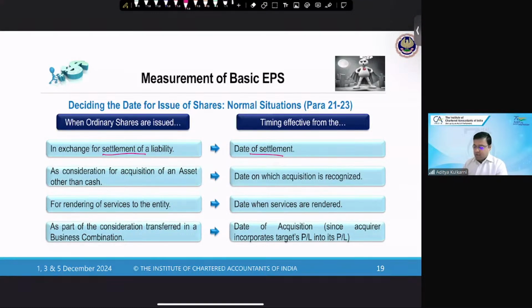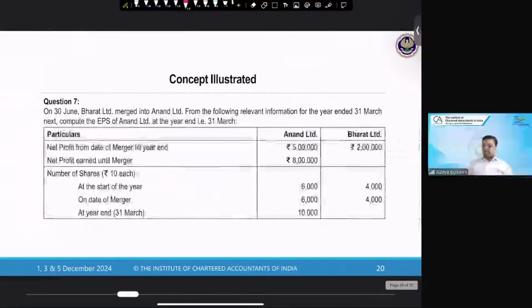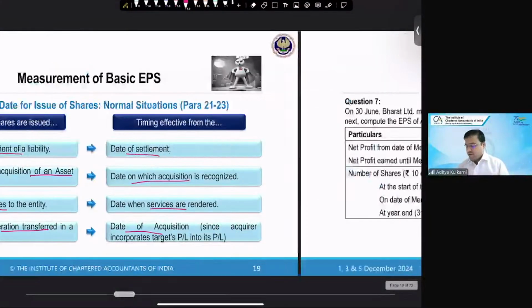Consideration for acquisition of an asset other than cash, you gave your own equity shares and got the asset, the date on which the acquisition is recognized. For rendering services to the entity, when the services are rendered. Consideration transferred in a business combination, it will be the date of acquisition.